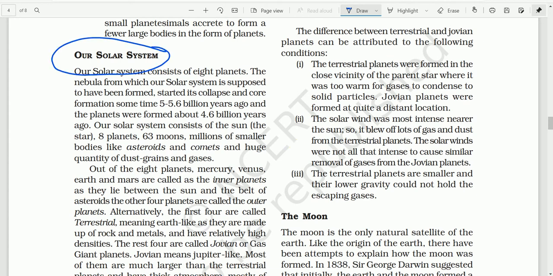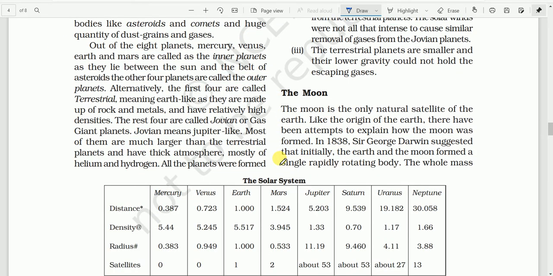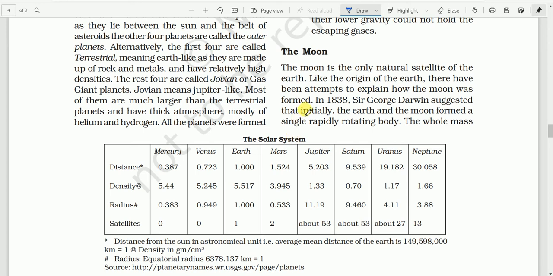So we know that we have 8 planets in our solar system, and these 8 planets are categorized into two groups. The first 4 planets, that is Mercury, Venus, Earth, Mars, are named as terrestrial.